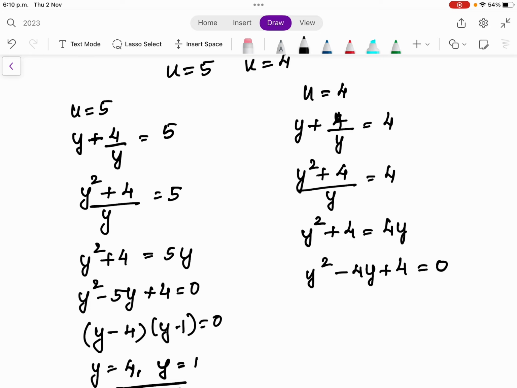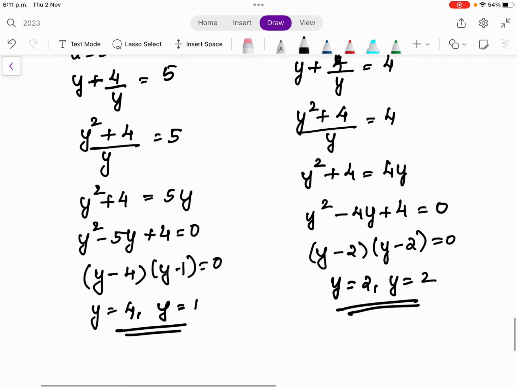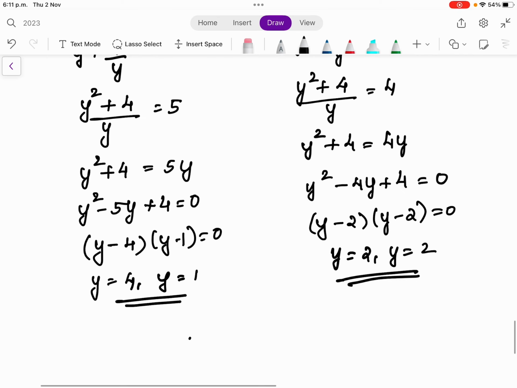And for this one, I can use (y - 2)(y - 2) = 0. So y is equal to 2, it's the same one. Now the three solutions you have are y is equal to 4, y is equal to 1, and y is equal to 2.